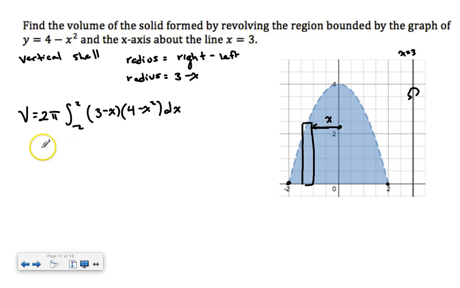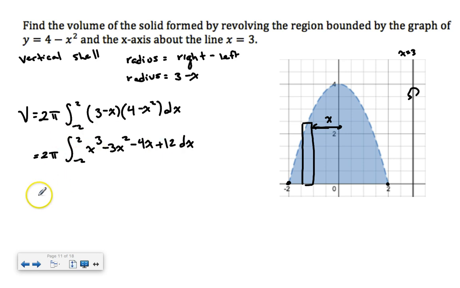Cleaning up the inside, it'll be 2 pi, -2 to 2, of, when we FOIL this out, x cubed minus 3x squared minus 4x plus 12 dx.